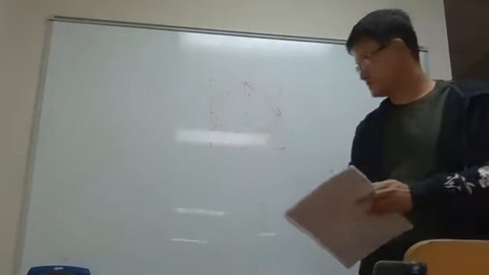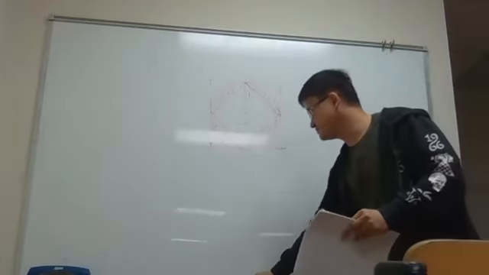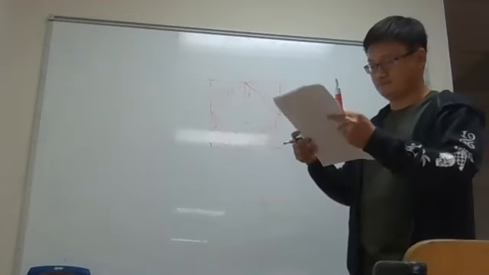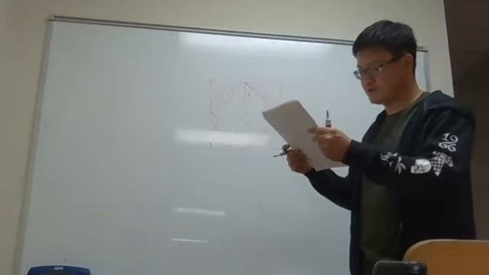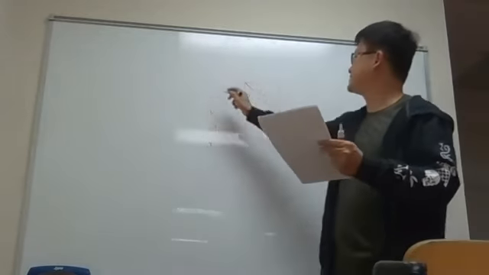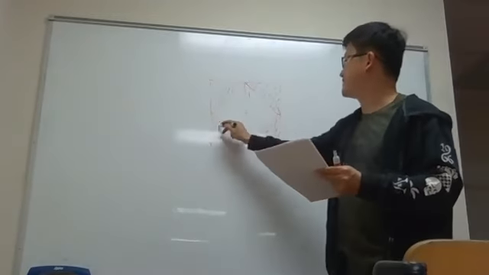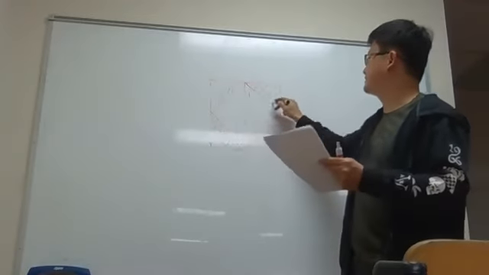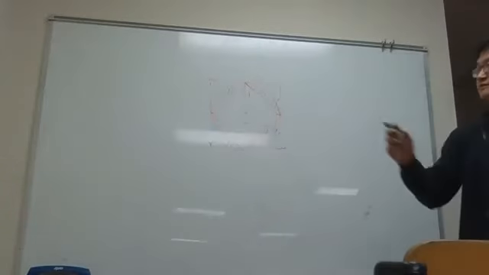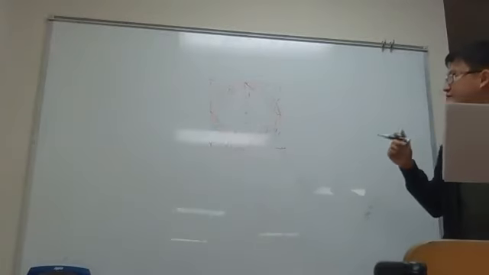So I'll use a different color here. Between the squares, the area is just going to be these 4 triangles. So basically, we ask about the ratio of the red divided by the green.